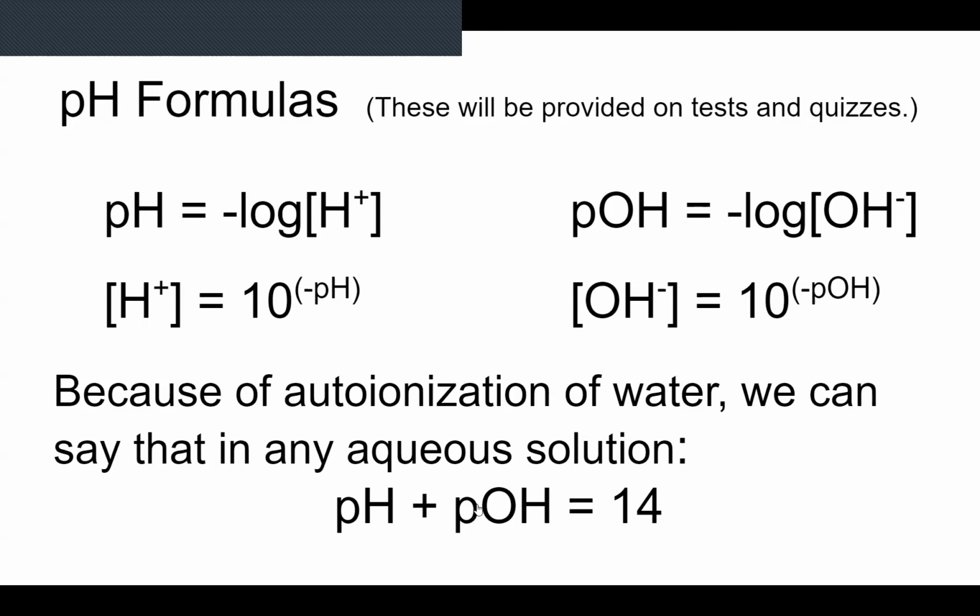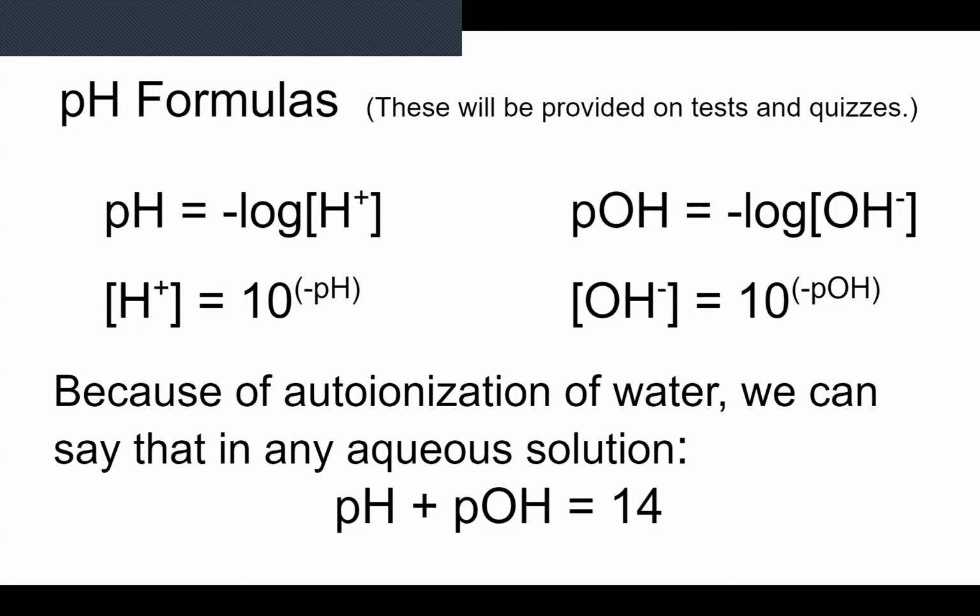And if you multiply something, when you're taking the log of it, you add them together. And the negative log of 10 to the negative 14 is 14. So we have this wonderful equation that links together pH and pOH. In any aqueous solution, pH plus pOH equals 14.